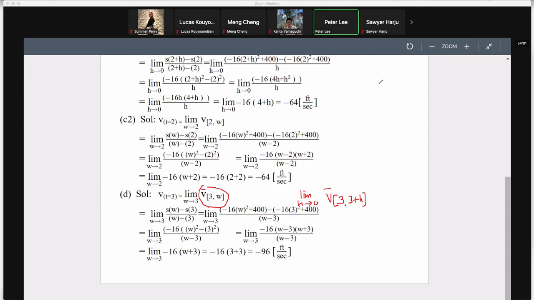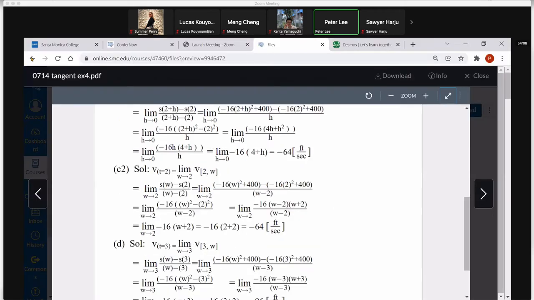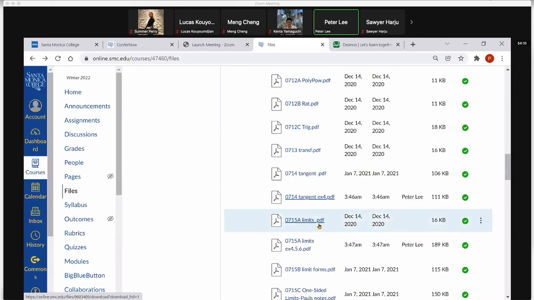So let me now stop this. Save. Okay, I'm going to clear this, and now let's go back to section 1.4 and 1.5. By the way, there was a mix-up between 0715A and 0715B, so last night I had to rename it.